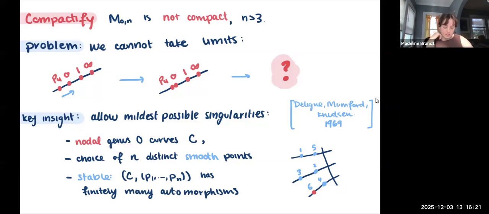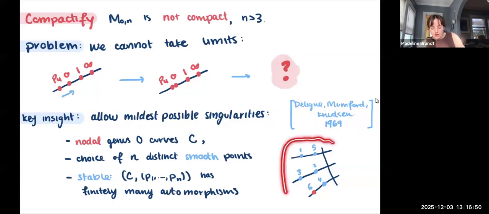And then I need to select n distinct smooth points on that nodal curve. And the last thing is there's this stability condition, which is that you ask that the curve has finitely many automorphisms. This is just a technical assumption, which will ensure that the moduli space comes out having nice properties.